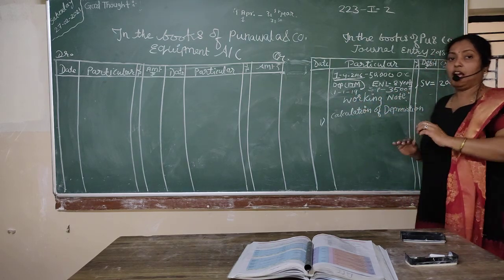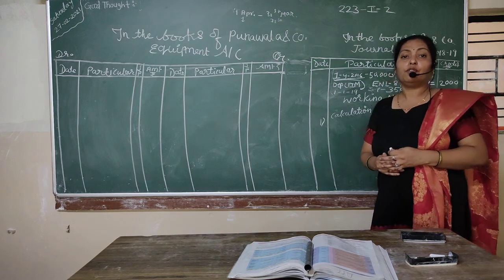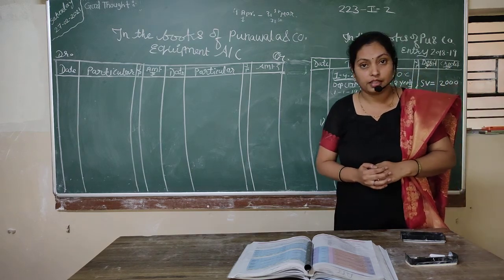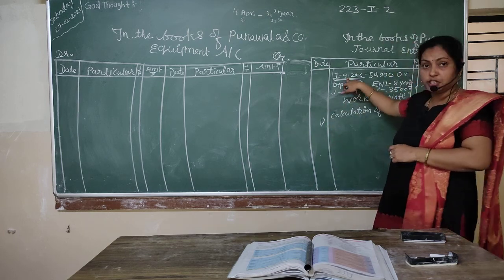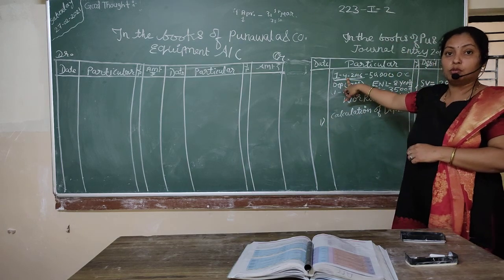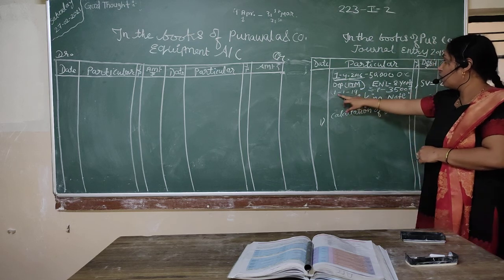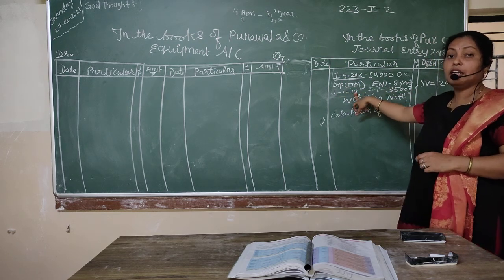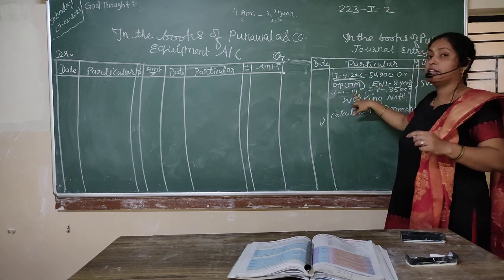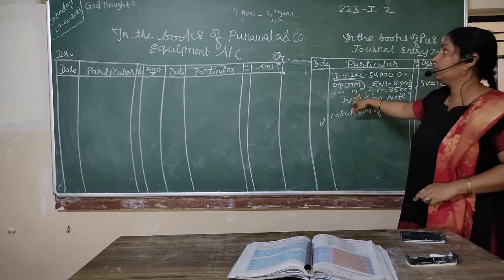Now they have not mentioned for how many years we have to prepare the account. So in this case, if the asset is purchased on 1st April 2016 and sold on 1st January 2019, from 16 to 19, how many financial years will there be?